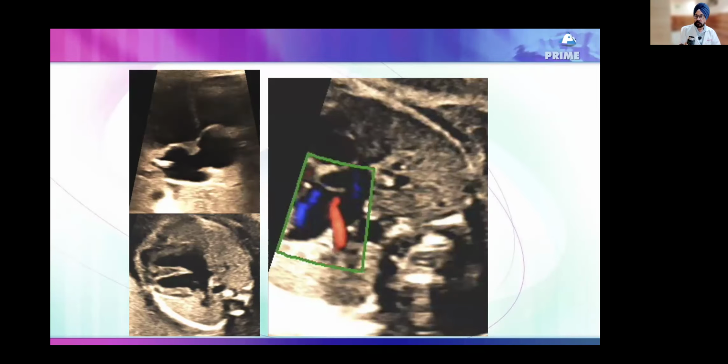Once you have a good view, you move this side, that side. If you don't get a four-chamber view, you would not get Coumadin ridge. So after a good four-chamber view, it was less than a minute that we were able to pick up the Coumadin ridge, and we were able to pick up Coumadin ridge in about 95% of the patients. I think we did around 200 odd patients, normal people.